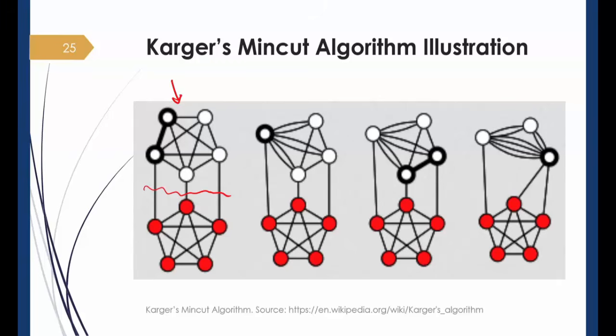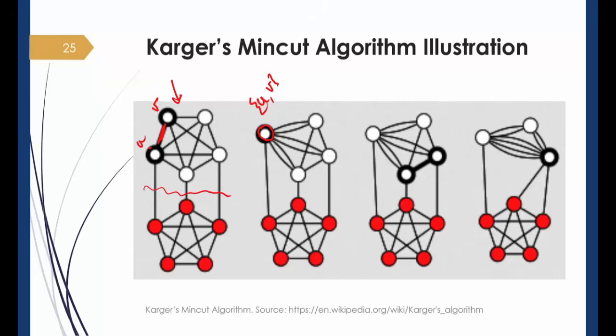So, let us see how that works. There are several edges. The algorithm picks one of these edges uniformly at random. Here the edge that is picked is this one, and it is connecting two vertices, we call them u and v. Now this edge has to be contracted, and we get a super node that includes both u and v.